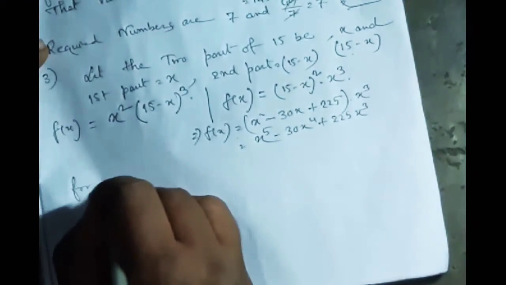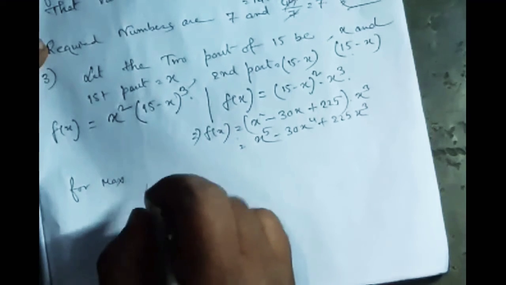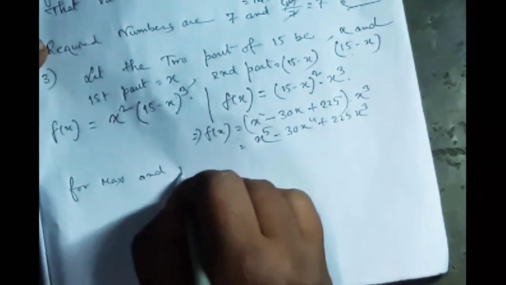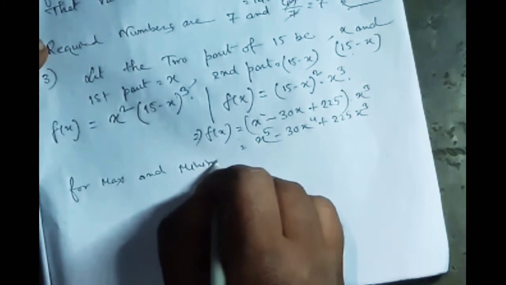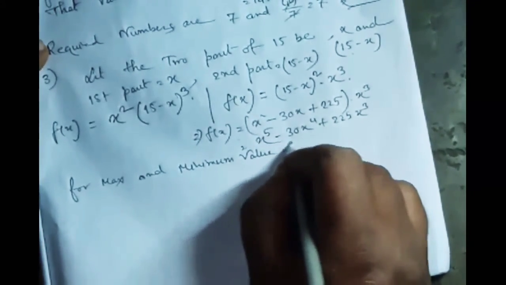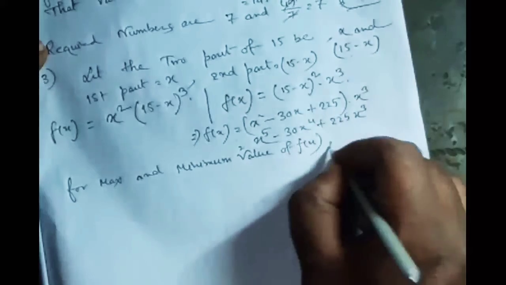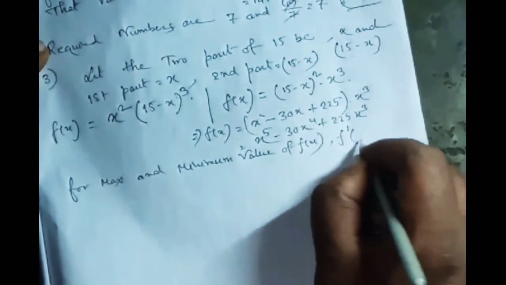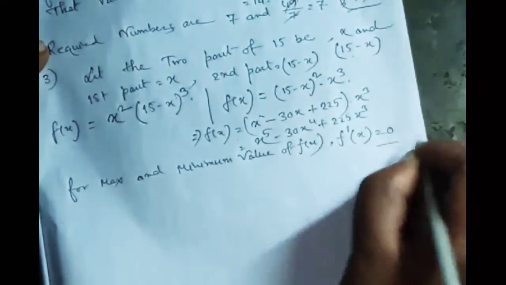This is f(x). Now for maximum and minimum value of f(x), f dash x must be 0.